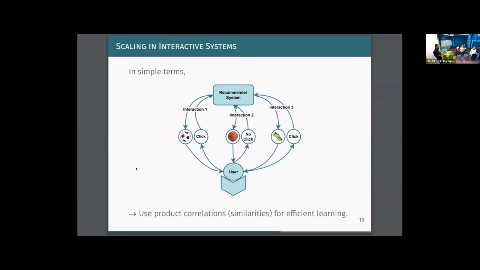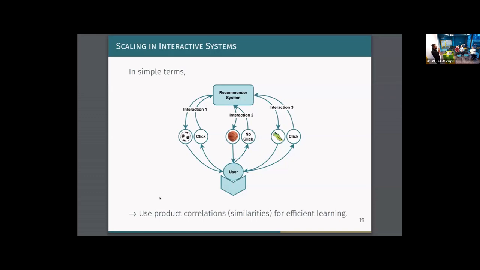Well, what we can do instead is use product correlations: the fact that some products are correlated with each other and or similar to each other, so that we can learn more efficiently. The idea is simple. I have only two products in my data set, iPhone 15 and Samsung S24.